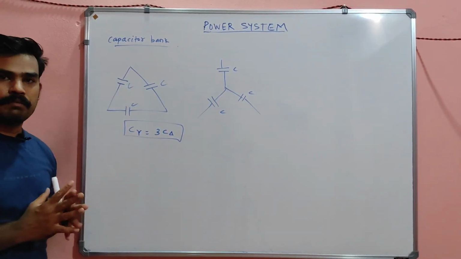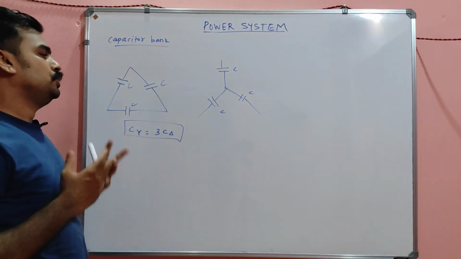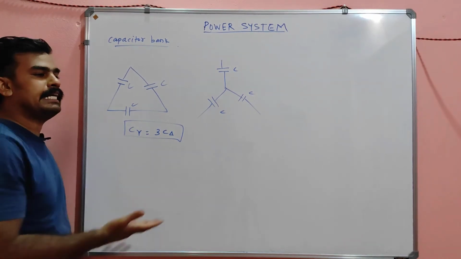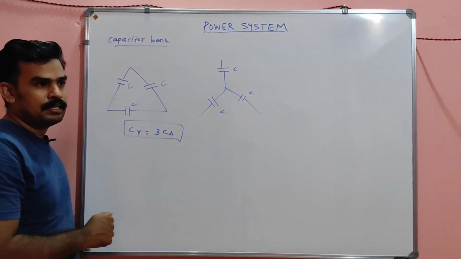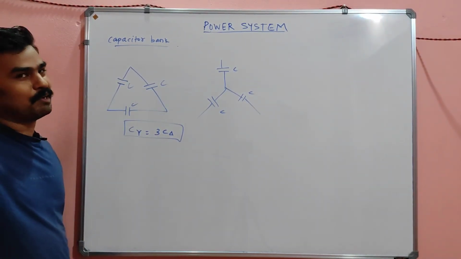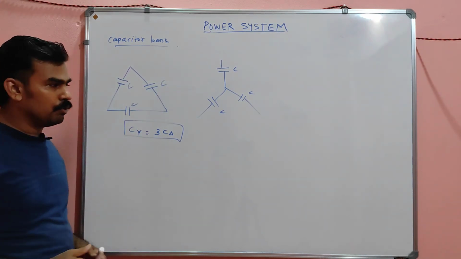This capacitor may be either in star or in delta. But you should note one thing: the capacitance in star is 3 times that of the capacitance in delta. This is because it is the reverse of the resistance in star or delta. You can simply check in your own manner.